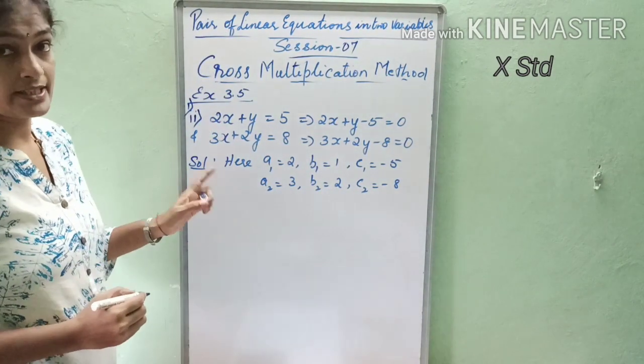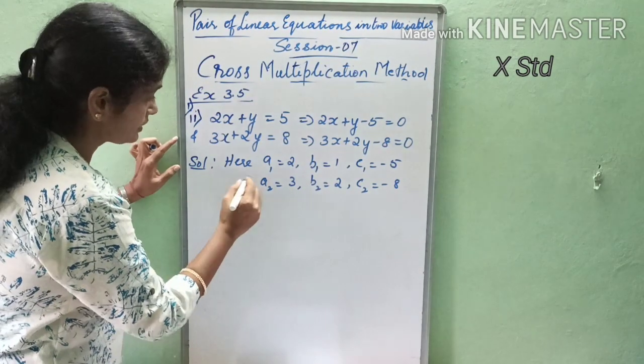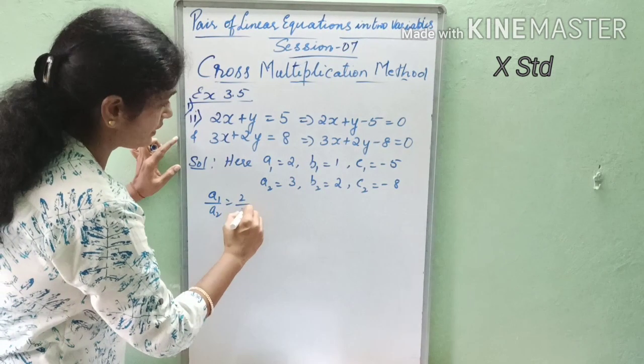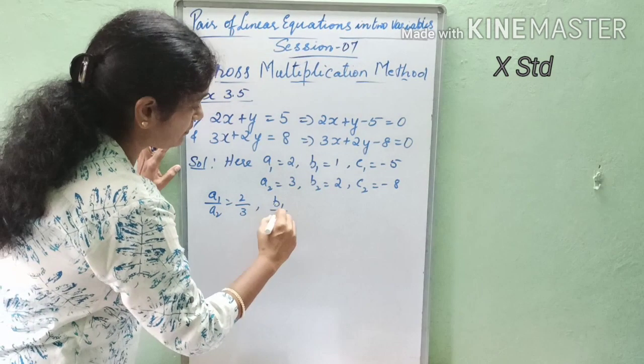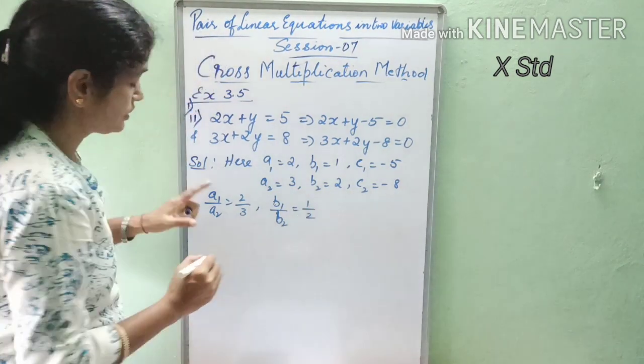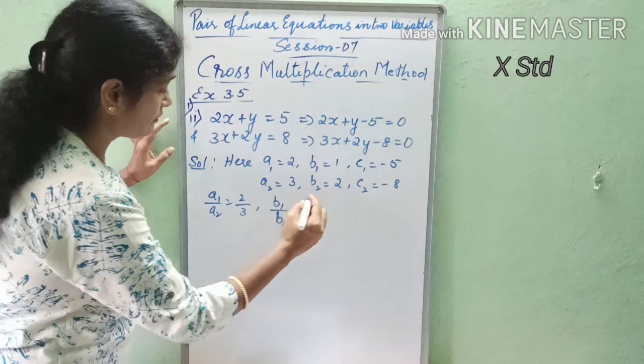Now let's check whether it has a unique solution or not. Now a1 by a2 is equal to 2 by 3, and what about b1 by b2? b1 by b2 is equal to 1 by 2. So we can find that a1 by a2 is not equal to b1 by b2.